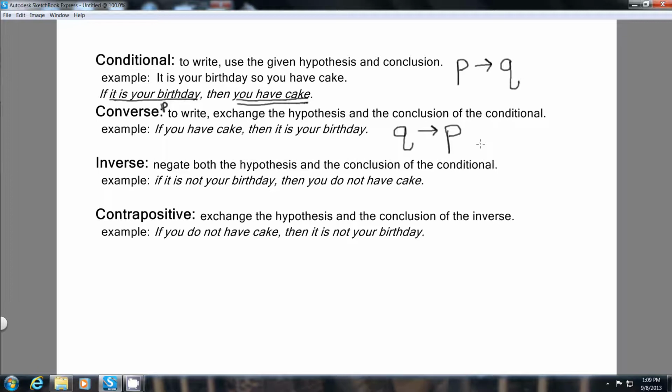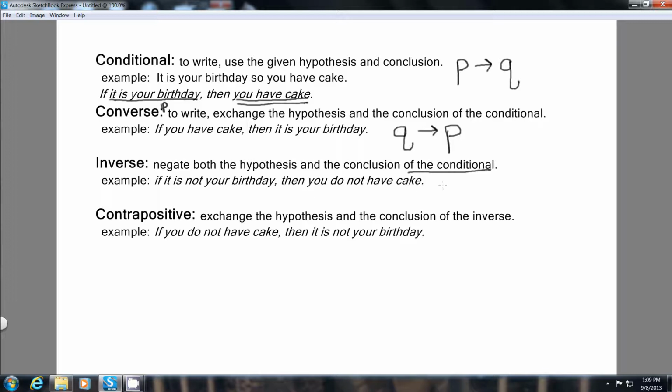The inverse means to negate both the hypothesis and the conclusion of the conditional. Now remember, in the conditional it is, if it is your birthday, then you have cake. So the inverse would be, if it is not your birthday, then you do not have cake.